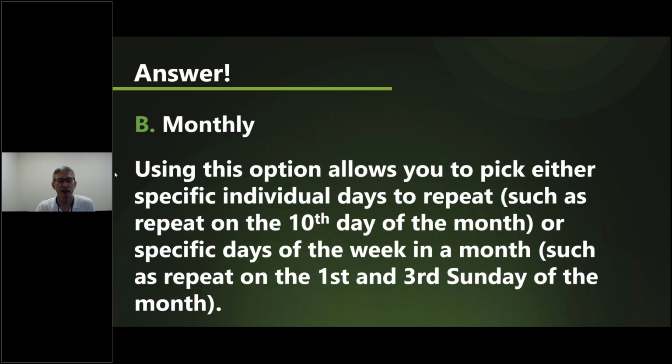Using this option allows you to pick either specific individual days to repeat, such as repeating on the 10th day of the month, or the way we used it in the demonstration this morning was to pick specific days of the week in a month, such as you want to repeat it on the 1st and the 3rd Sunday of the month to get that communion service in there, and the 2nd and the 4th to get just the plain worship service without communion. So we used the monthly option there, and the majority of you selected that, so very good.